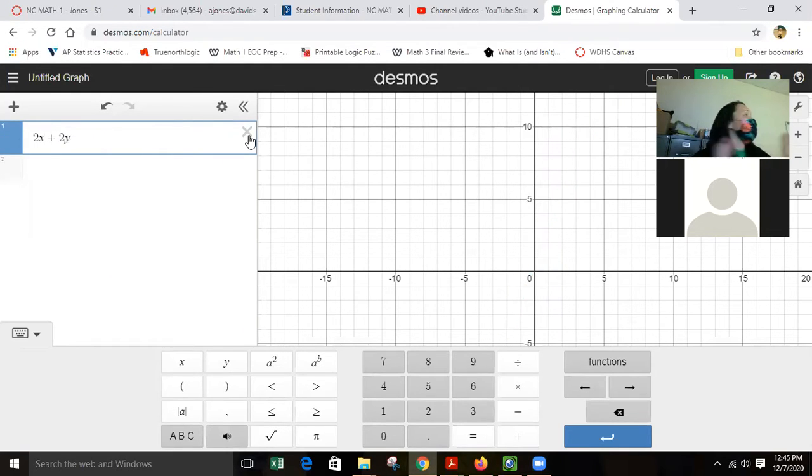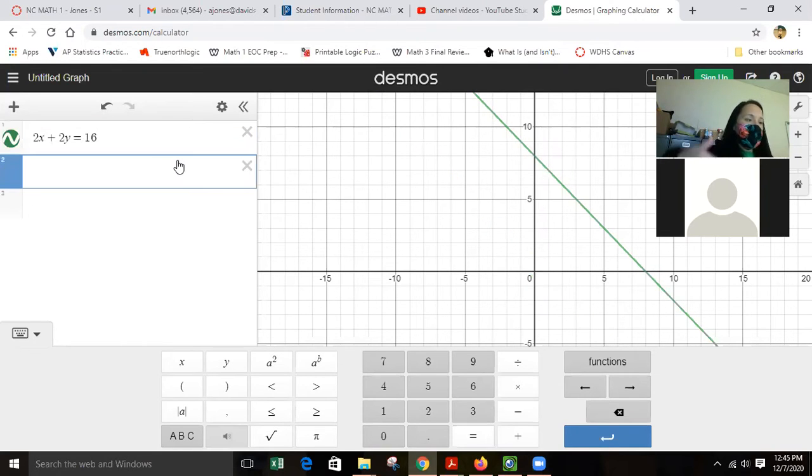I don't even have to do any work, y'all. 2x plus 2y equals 16. I got to type it in, right? That's a big thing. You see it made a green line for me. Then I'll go on down and do the other one: 4x plus 3y equals 27. Do they cross, not cross, or do you only see one line? What do they do?